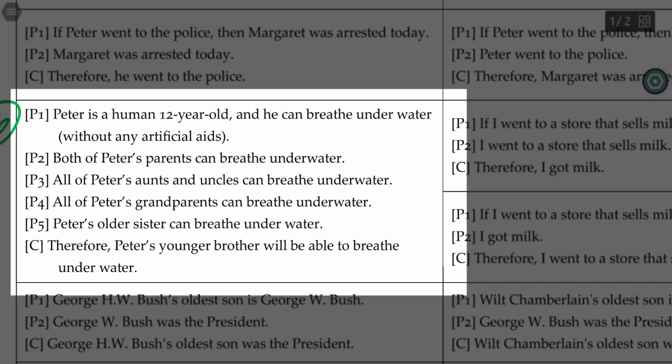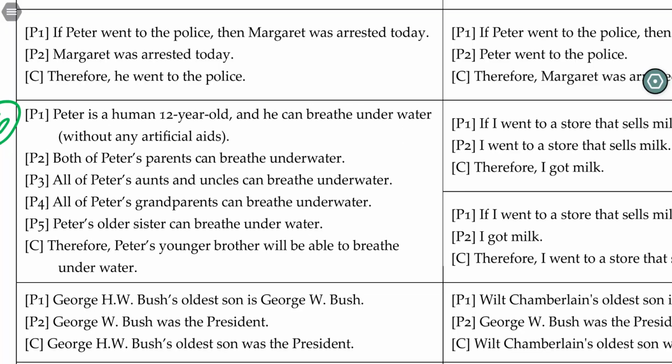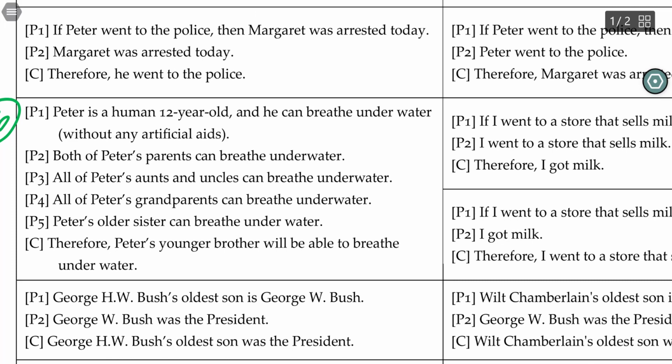Next, this one. Premise 1, Peter is a human 12-year-old and he can breathe underwater without any artificial aids. Both of Peter's parents can breathe underwater. All of Peter's aunts and uncles can breathe underwater. All of Peter's grandparents can breathe underwater. Peter's older sister can breathe underwater. Therefore, Peter's younger brother will be able to breathe underwater.